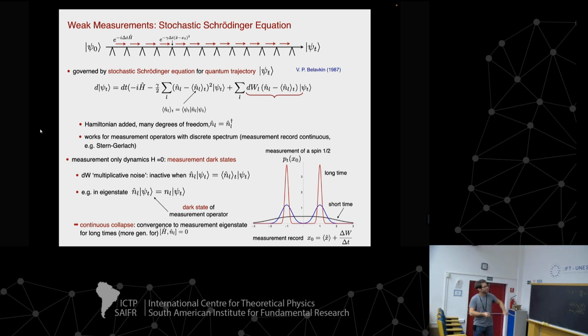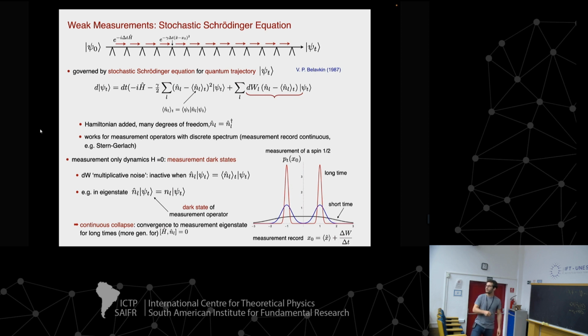So one way of formulating that is that there is a dark state, or that's just the name we now choose for that, a dark state of the measurement operator, or of this part of the dynamics here, which is taken when the system has really approached an eigenstate of the measurement operator.